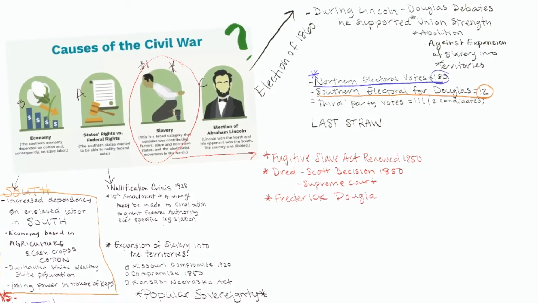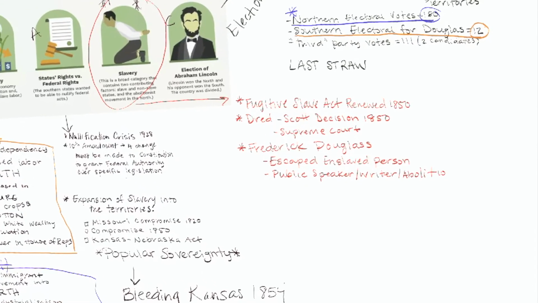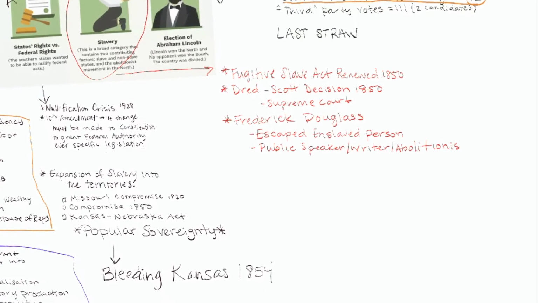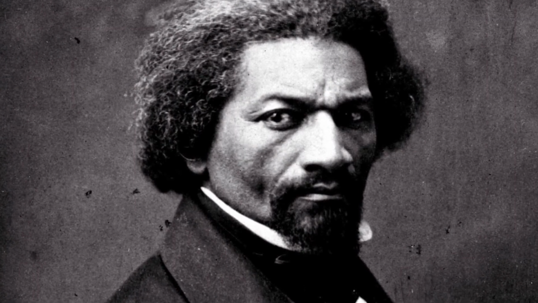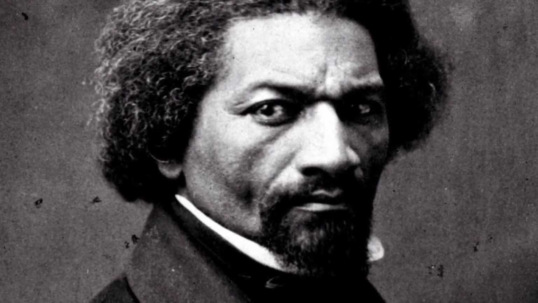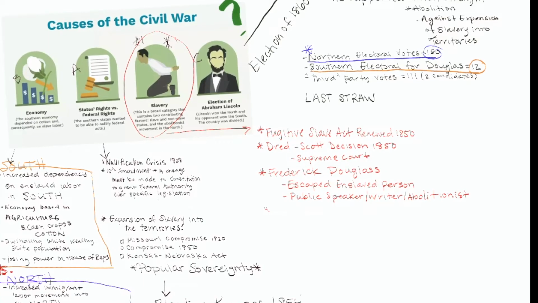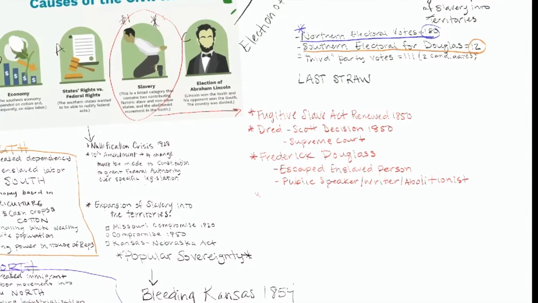You have Frederick Douglass, just one of the notable activists bringing attention to slavery and the conditions and the experience of slavery. Frederick Douglass was an enslaved person. He escaped and he became very much a public speaker, a writer, and an abolitionist, an activist.